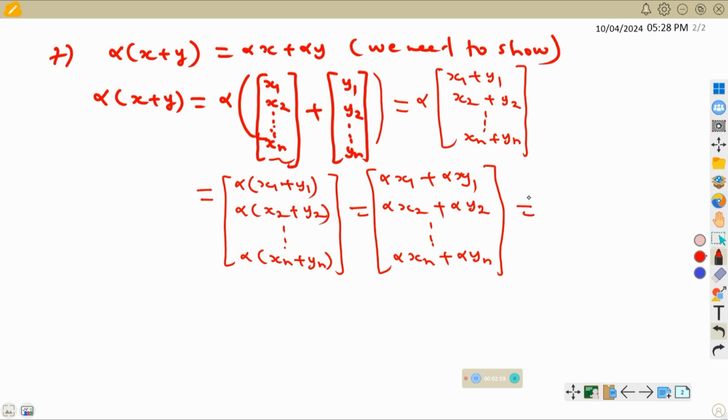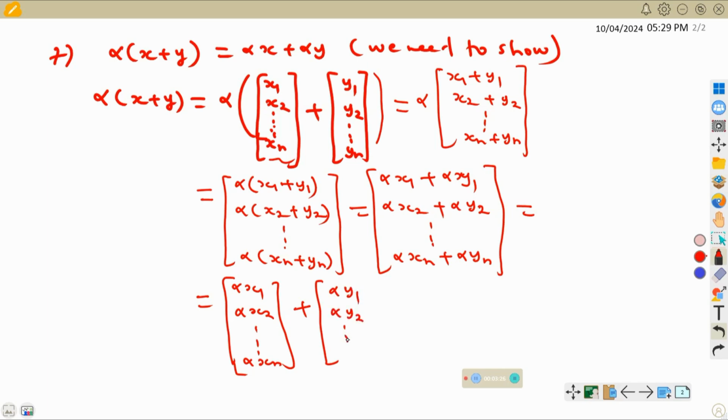But still this can be written as, when you look at this, we can easily split this one here to give us alpha x1, alpha x2, up to alpha xn. You can add there alpha y1, alpha y2, up to alpha yn.